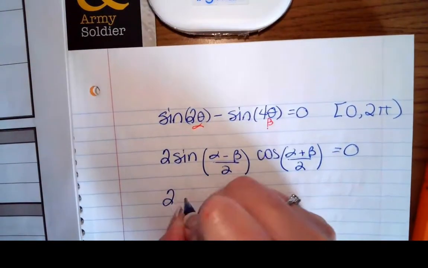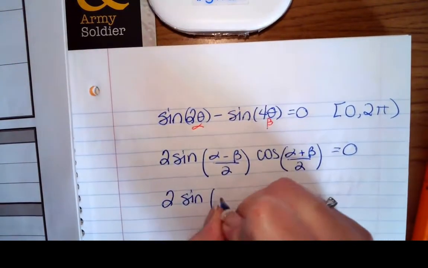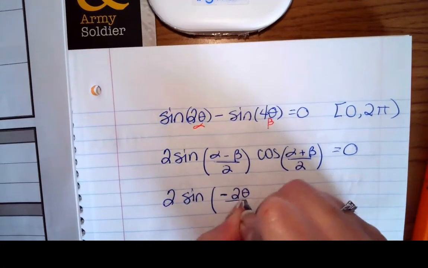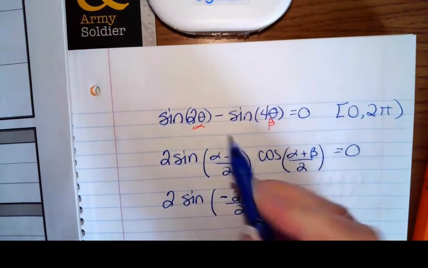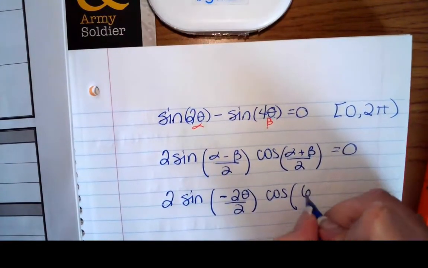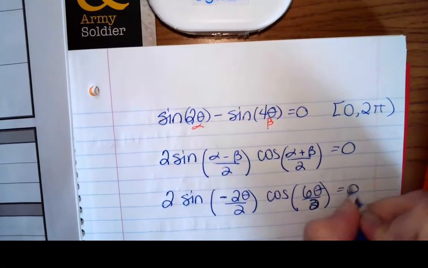So I have 2 sine of (2 theta minus 4 theta) over 2, which is negative 2 theta over 2. And then I've got the cosine of (2 theta plus 4 theta). Oops, sorry, that's not a 3, it's a 2.